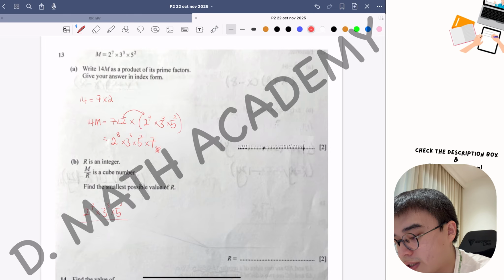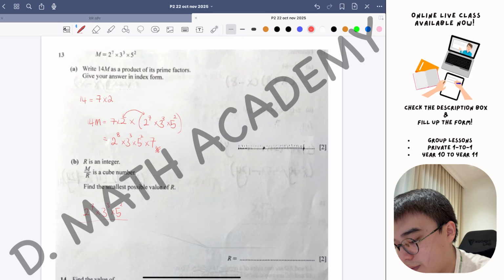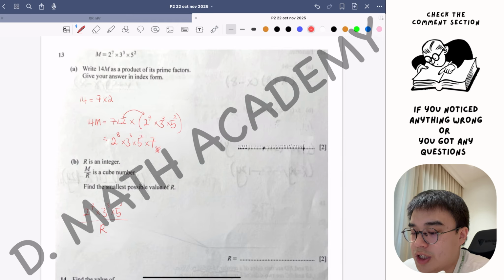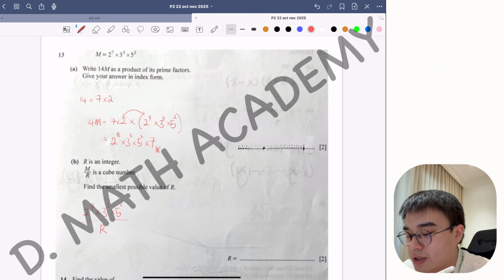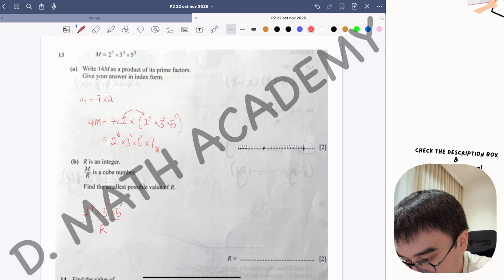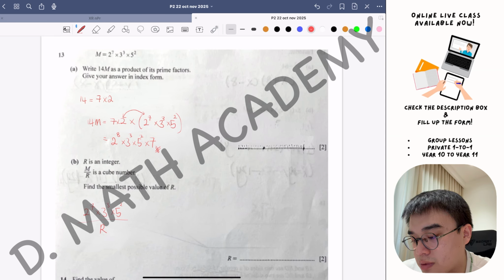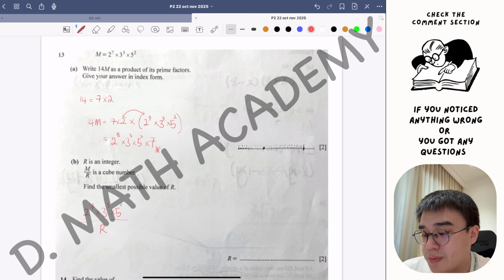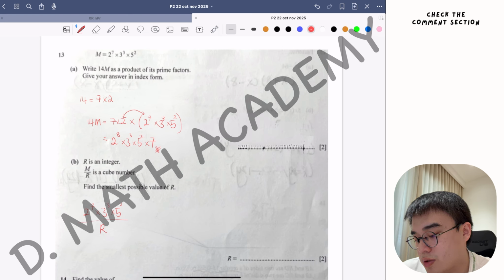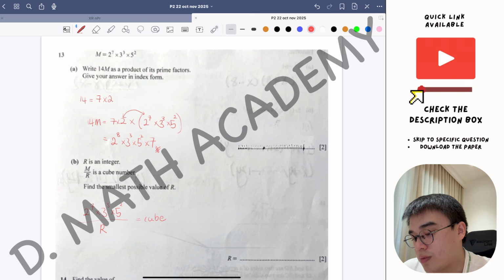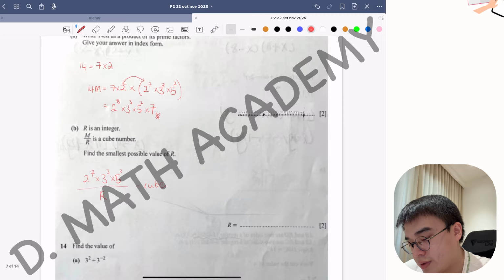Because of them saying that it's a cube number, it means that the answer generated must be a cube. And then they mention smallest possible, which means I cannot remove too much from it. So this tells us that I need to completely remove the 5 squared.